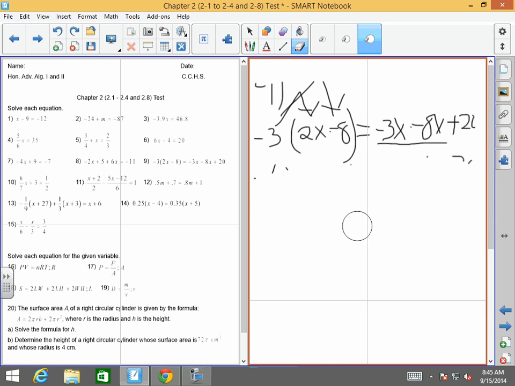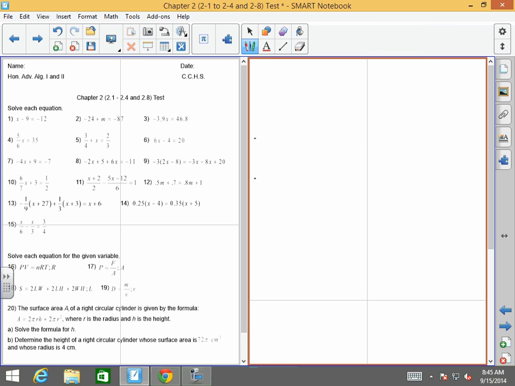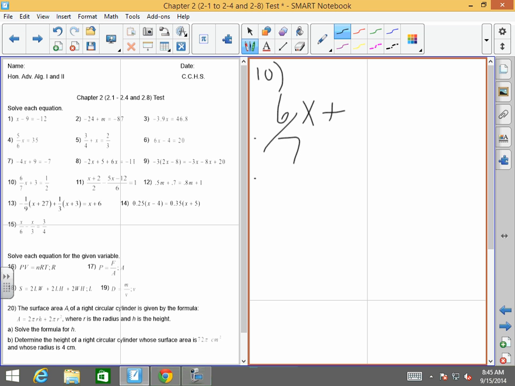Next, number 10. Okay, this is number 10: 6/7 x plus 3 equals 1/2. Multiply both sides by the LCD to get rid of the fractions, which is 14 here.